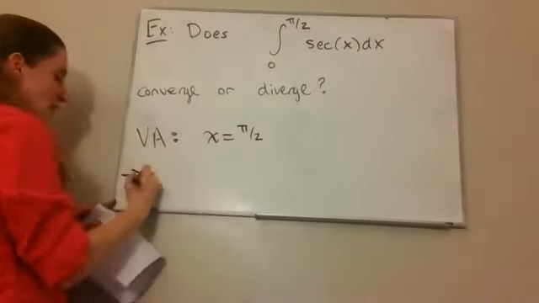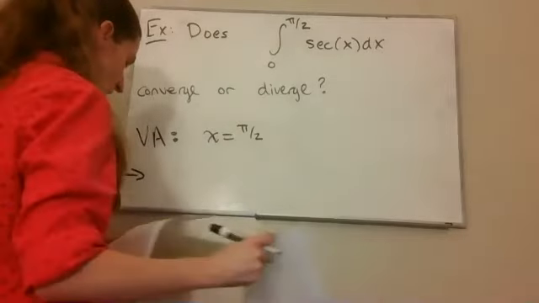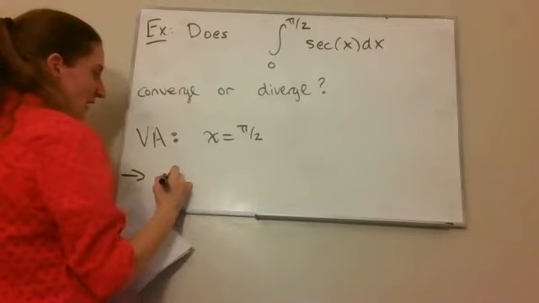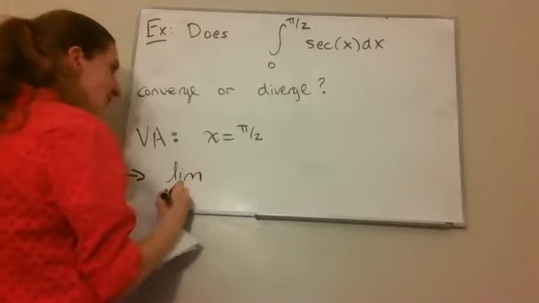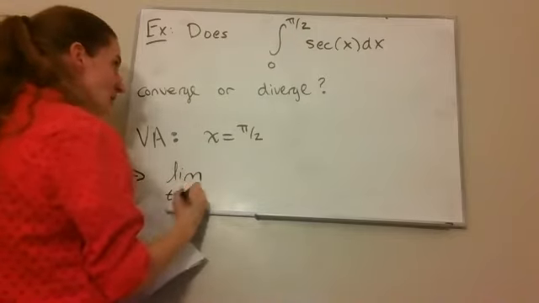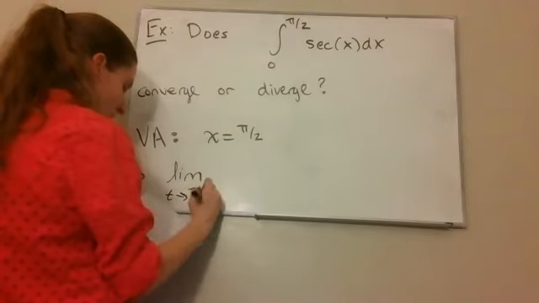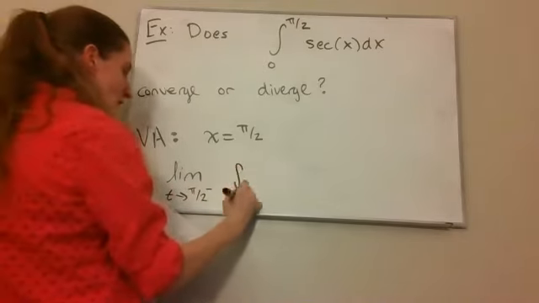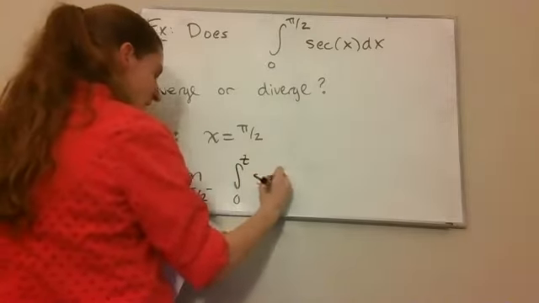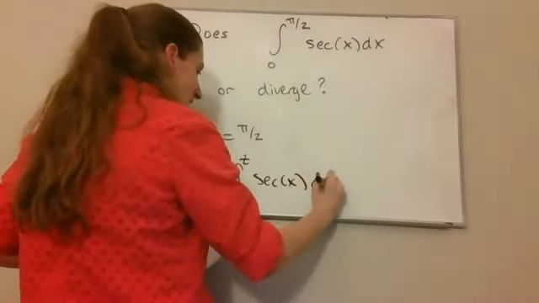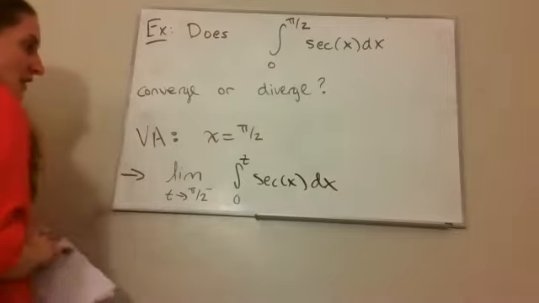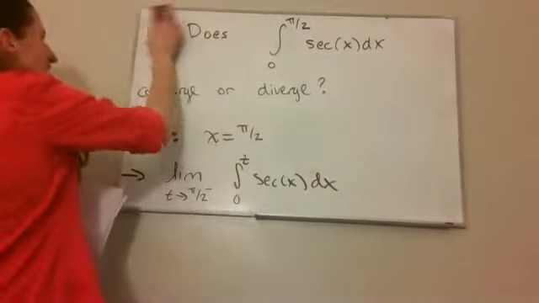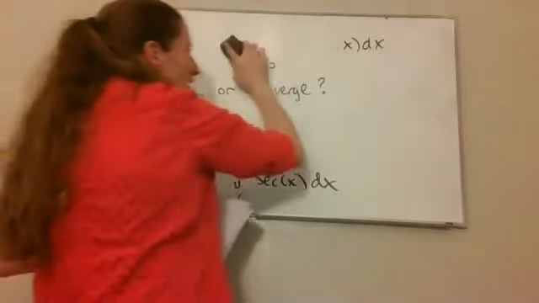That means I need to rewrite my integral using a limit. So I'm going to have a limit as t approaches pi over 2 from the left side of the integral from 0 to t of secant x dx. Now, the antiderivative of secant, I gave you that formula in one of our more recent videos.